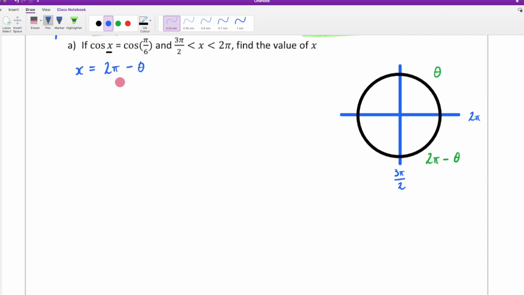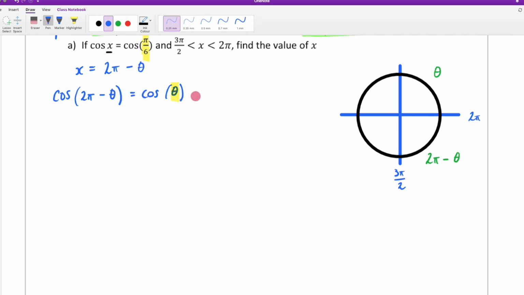I can now rewrite this with this knowledge of what x is. So it's going to be cos of 2 pi minus theta equals cos of theta. Now, do we know what theta is going to be? Well, we do. This rule is just rewriting this, so theta is obviously pi on 6.